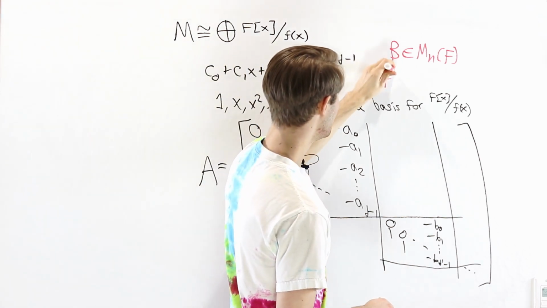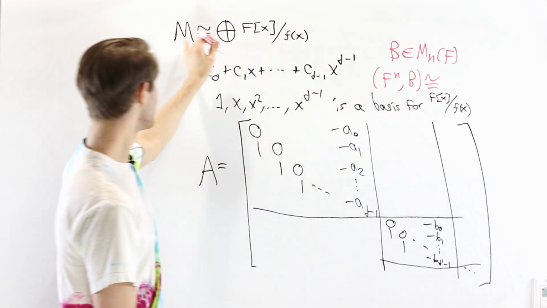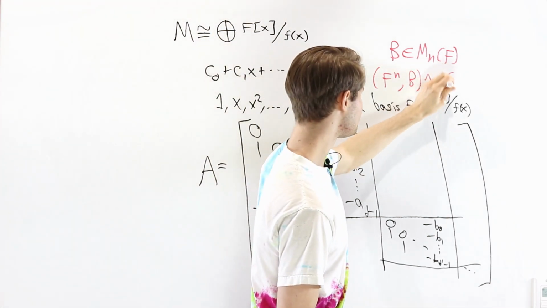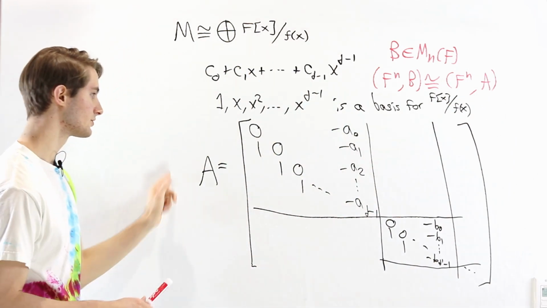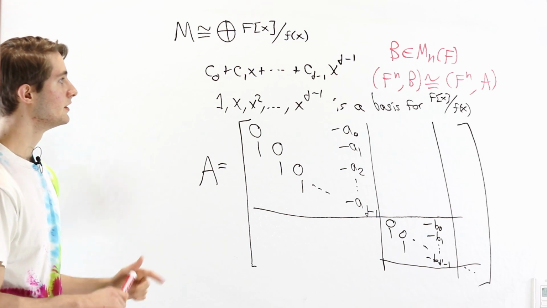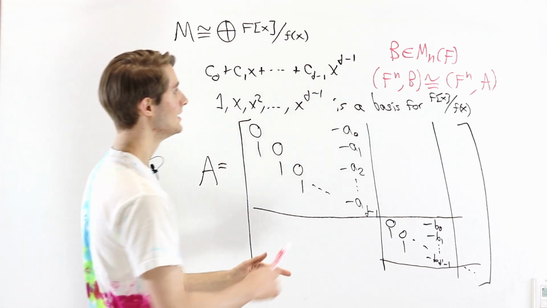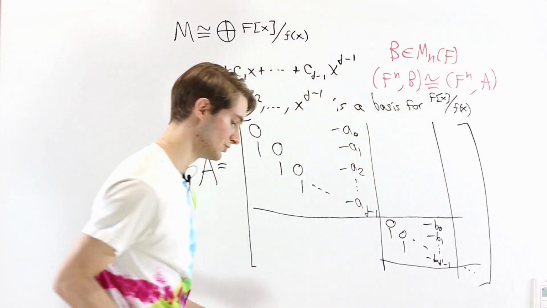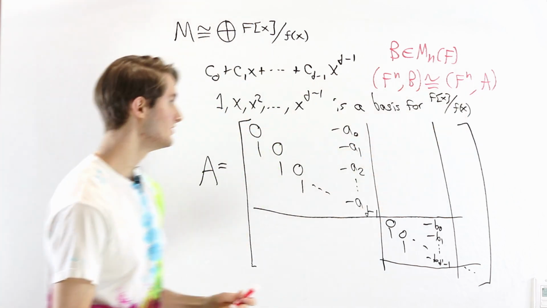So the module F^n_B is going to be isomorphic to something that looks like this M here, where the multiplication by x is described by a rational canonical form matrix. The thing here is we proved in another video, link in the description, that if two F[x] modules are isomorphic, then the two matrices are similar.